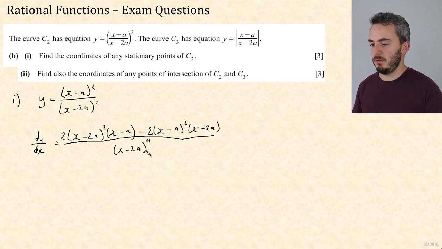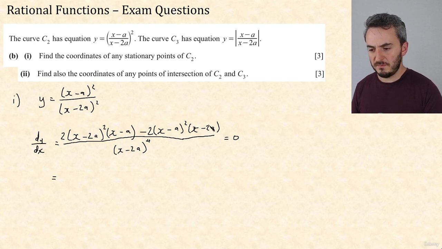All right, well, I'm going to be setting this to 0. So I can kind of forget about that denominator, except I might just simplify a little bit before I do that, because, well, if I don't, I'll introduce some extra roots up here. So I can see that x minus 2a is a factor of everything.